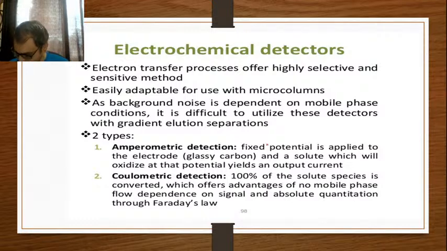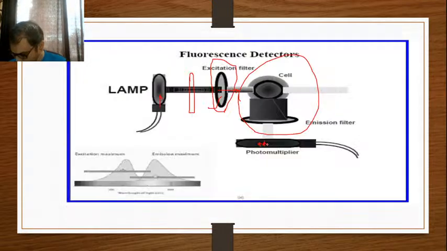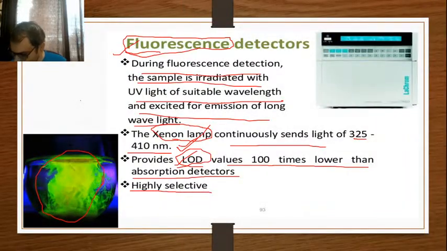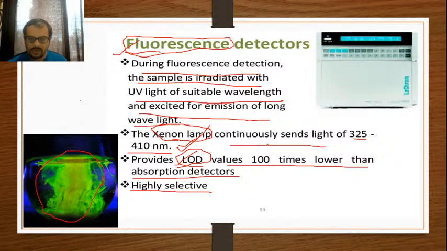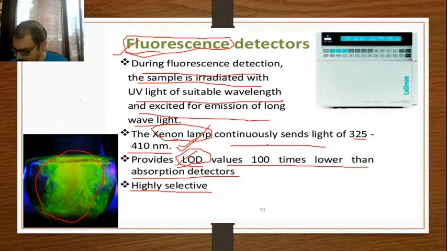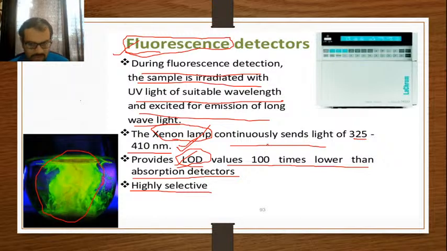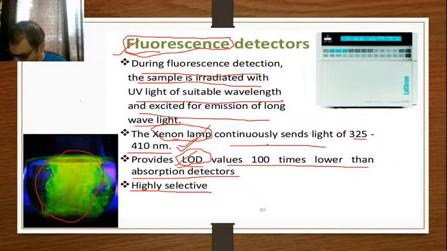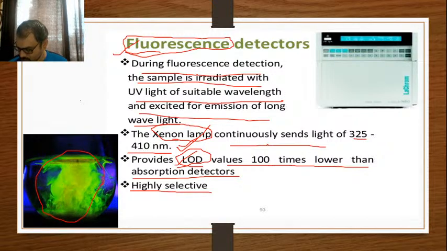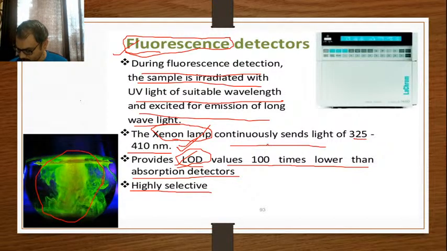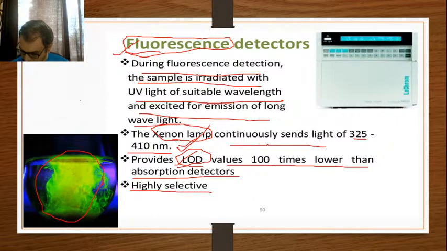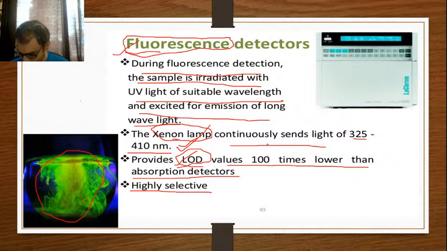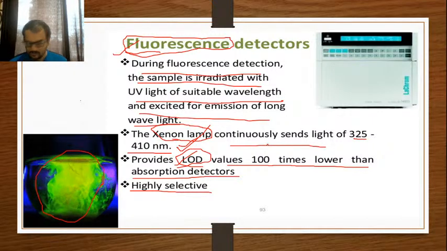Electrochemical detectors. Is there anyone who has got this answer? If LOD is so low, we can say fluorescence detectors are more sensitive, then why do we go for UV as compared to the fluorescence detectors? Yes, any one of you?